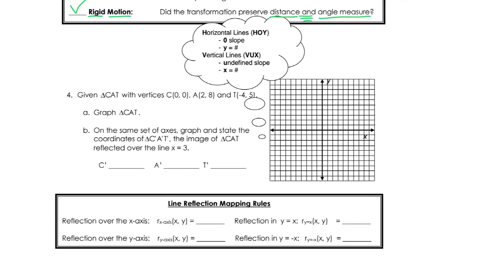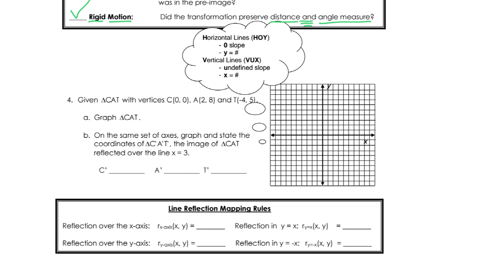All right, next up, we got a little thought bubble here talking about something that you probably talked about in algebra called HOY VOOKS. HOY and VOOKS are just, I wouldn't call them words, like an acronym to remember some stuff. So HOY is for horizontal lines.